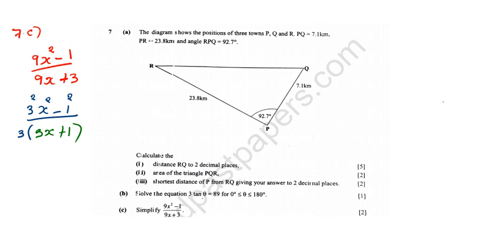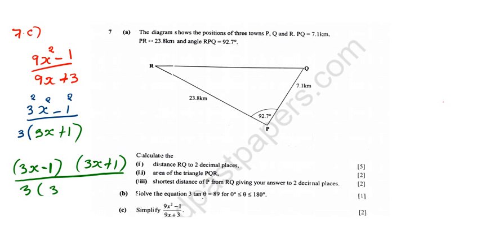So on top, now that I have squared each and every number, I can make two sets, one for a positive, the other for a negative. I have 3x minus 1, and 3x plus 1. Immediately I make those two, the powers are gone. So it will be over 3 open bracket 3x plus 1.